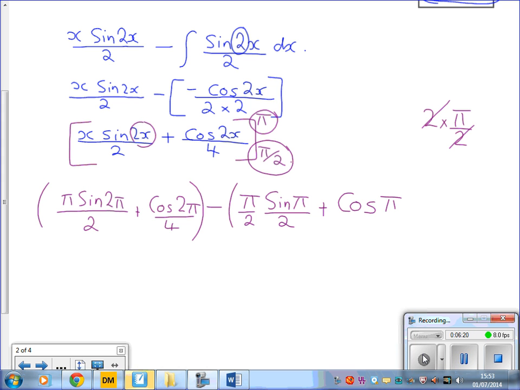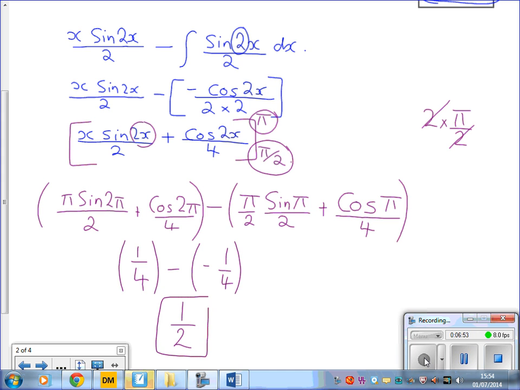Give me cos pi all over 4. So this bracket gives me a quarter, take away minus a quarter there, an answer of 0.5 or a half.